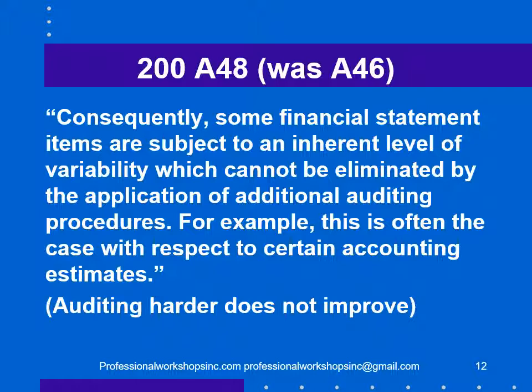And the answer is in section 200, A48, it was A46. And it basically says that the variability in accounting estimates cannot be eliminated by doing more work. And then says, for example, this is often the case with respect to certain accounting estimates. So auditing accounting estimates harder doesn't make them better, and we need to remember that.